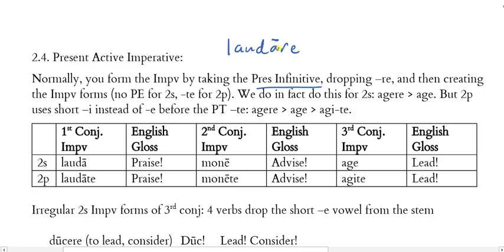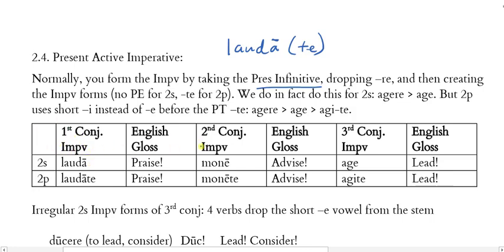There's the infinitive. Remember what we did was we chopped off the re to get second singular. There's no ending. That's lauda. And then we add te to get second plural. Laudate.